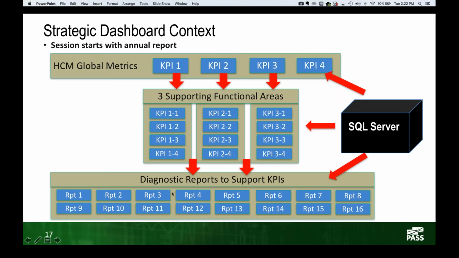And you'll see a word down here, reports, and these are not operational reports, these are diagnostic reports. What I mean by that is they exist only because they answer a question as to why a KPI was missed. So think about this, right?